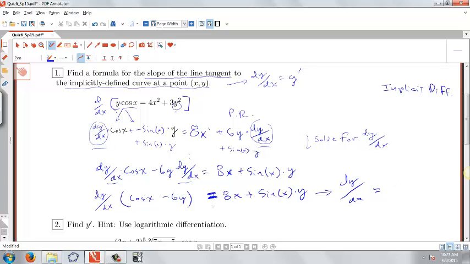After we divide both sides by this, dy dx is equal to 8x plus sine of x times y, that's a times y, divided by cosine x minus 6y.